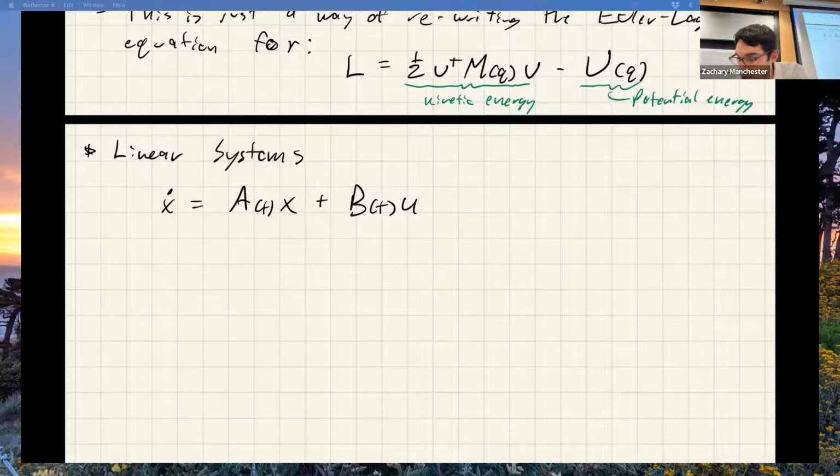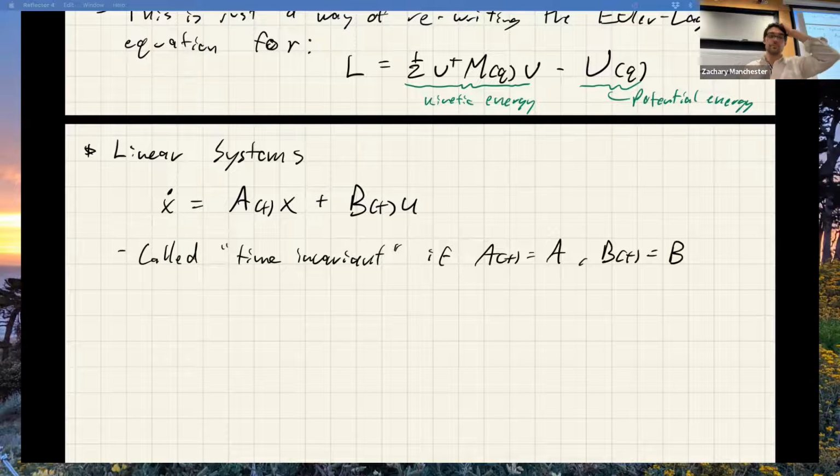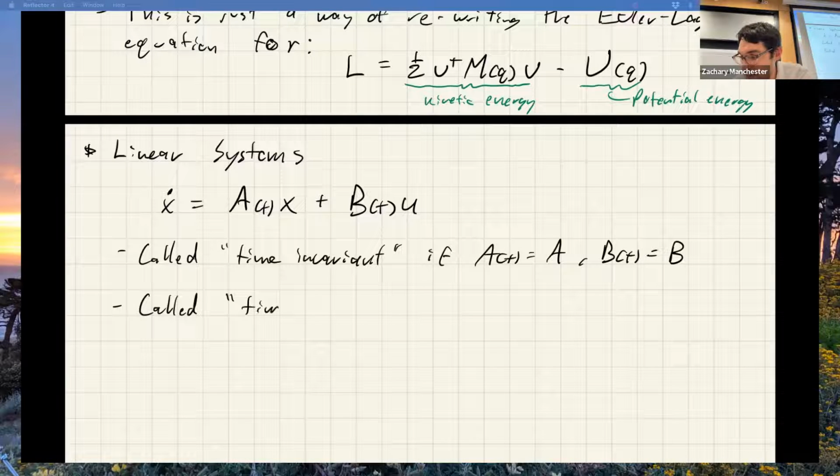There are a few variations on the theme here. It's called time invariant if A of t equals some constant A and B of t equals some constant B, and time varying otherwise.